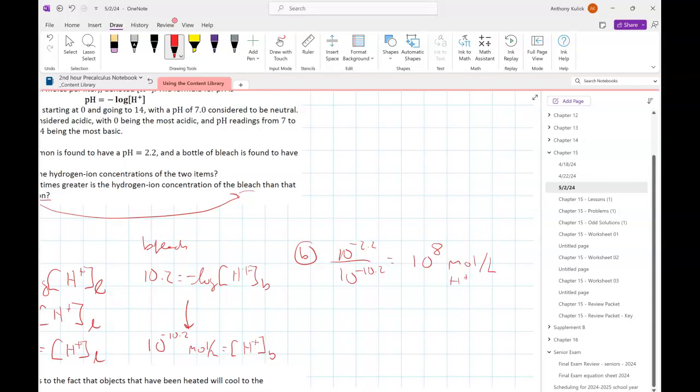So I have 10 to the 8th. That is what? That's 10 million times the number of hydrogen ions in that lemon than the bleach. That's a lot of ions. Everybody feel okay there? No big deal, right? Fairly easy.